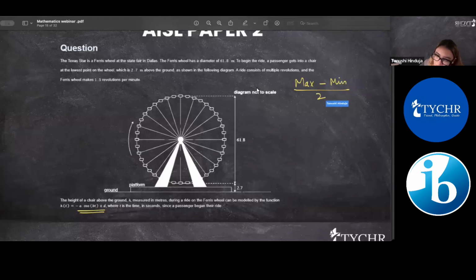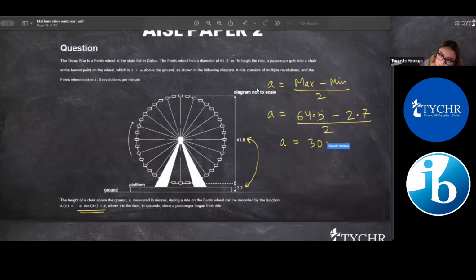So the maximum height that our Ferris wheel can go to is 64.5. These two added together, 61.8 plus 2.7, that's the maximum height the Ferris wheel can get to, minus the minimum height it can get to, which is just 2.7, over 2. So your A value just comes out to be 30.9 meters.